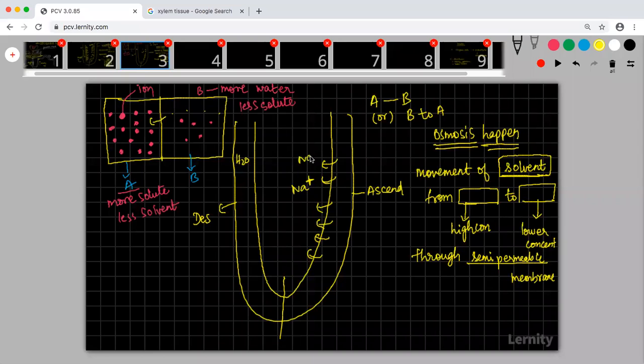Here sodium concentration is going to be increased. So as the sodium concentration here increases, what will happen to the water concentration? Will it increase or decrease?